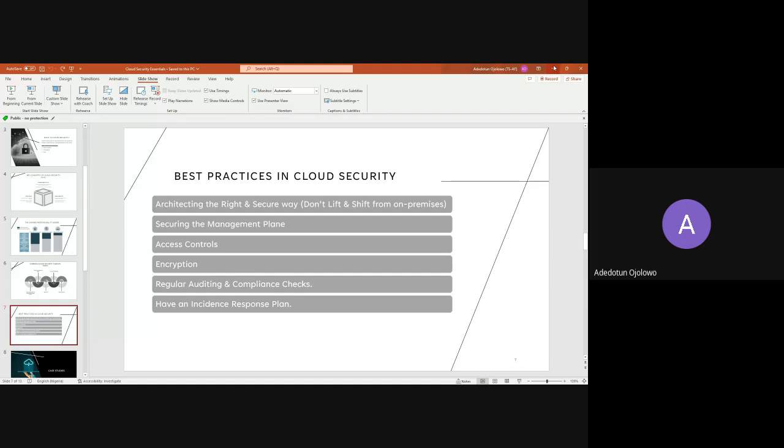And also compliance checks. Whatever provider you want to use, ensure it is meeting the compliance and you are also meeting that compliance. Like I said, you can never outsource governance and compliance. You have to ensure that you are meeting the compliance. So if, for example, you are developing applications for healthcare, ensure you are HIPAA compliant and also your cloud provider is HIPAA compliant.